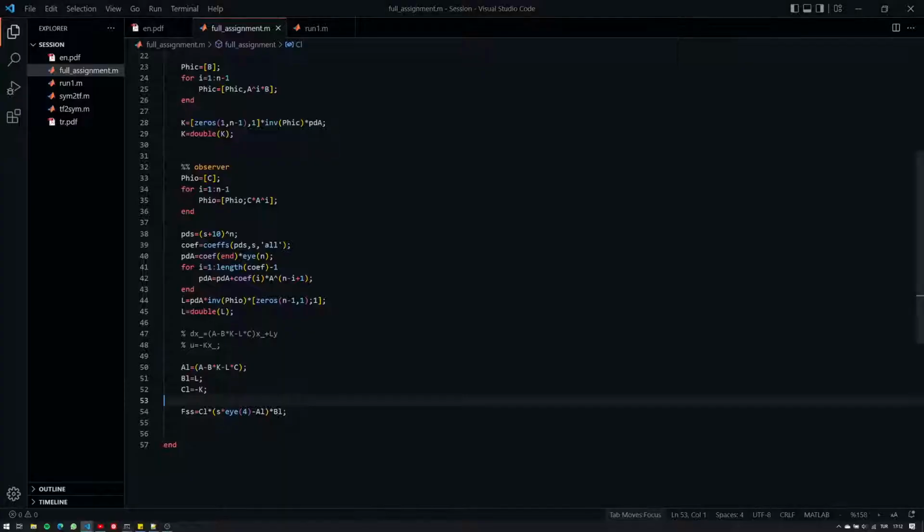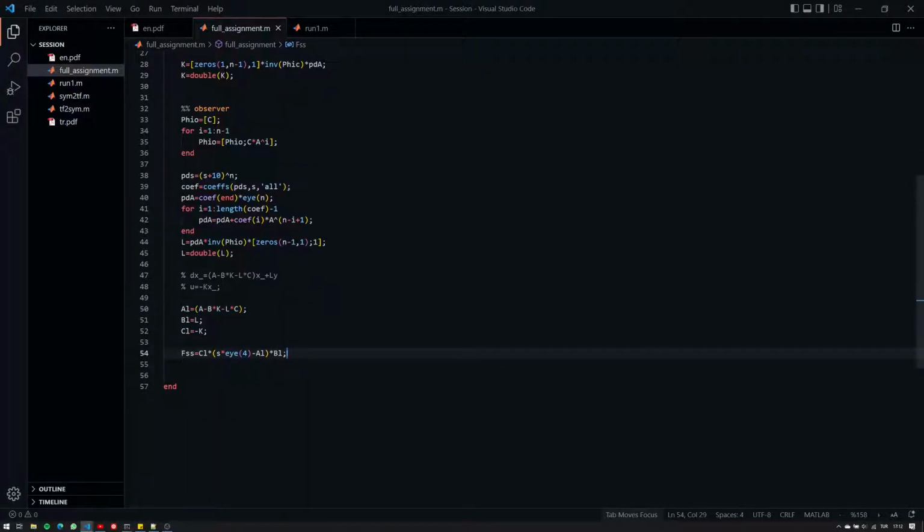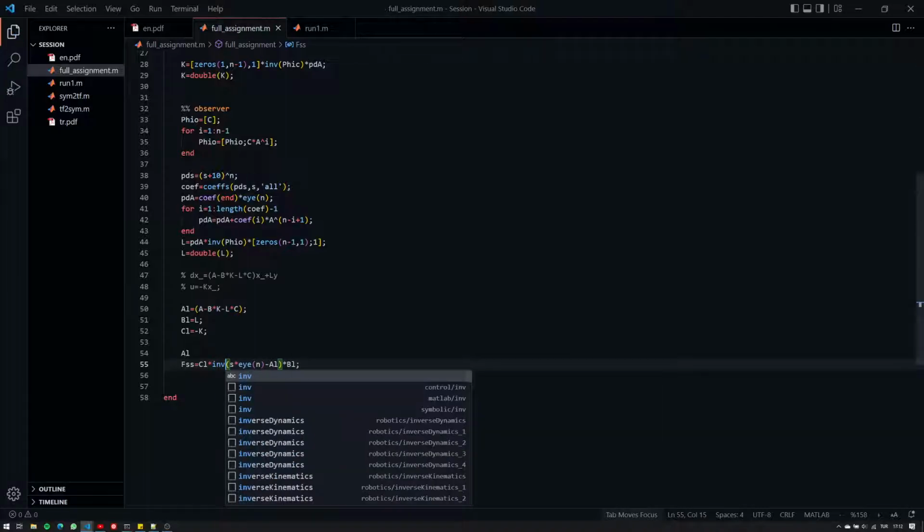Let's see, we have AL and then minus K. Of course, in this case, I should maybe still generalize it like S times I minus A, times BL, which is L. Of course, I forgot to take the inverse here.